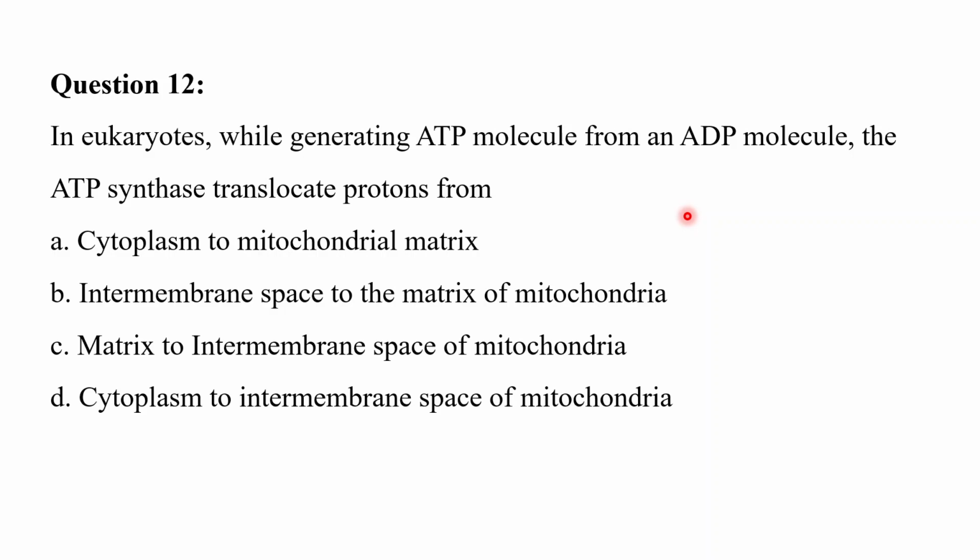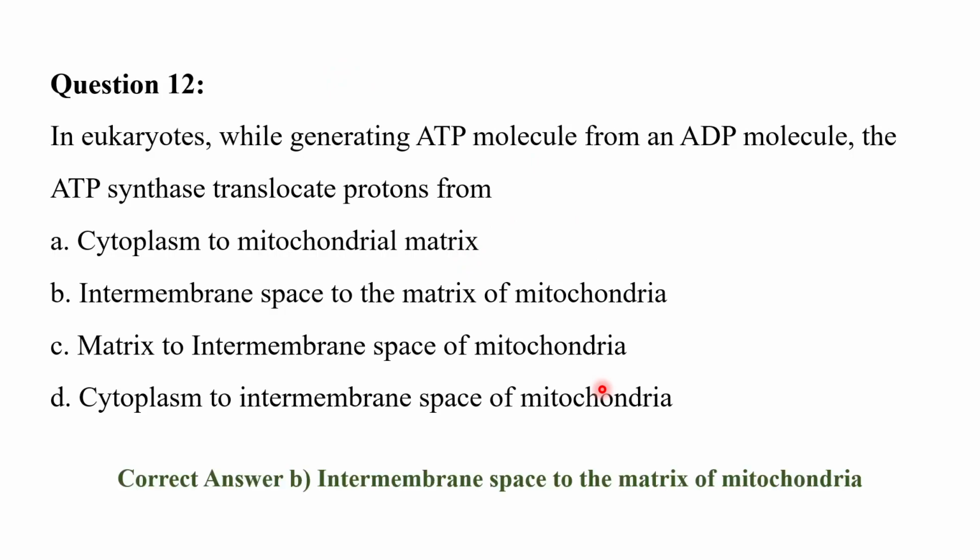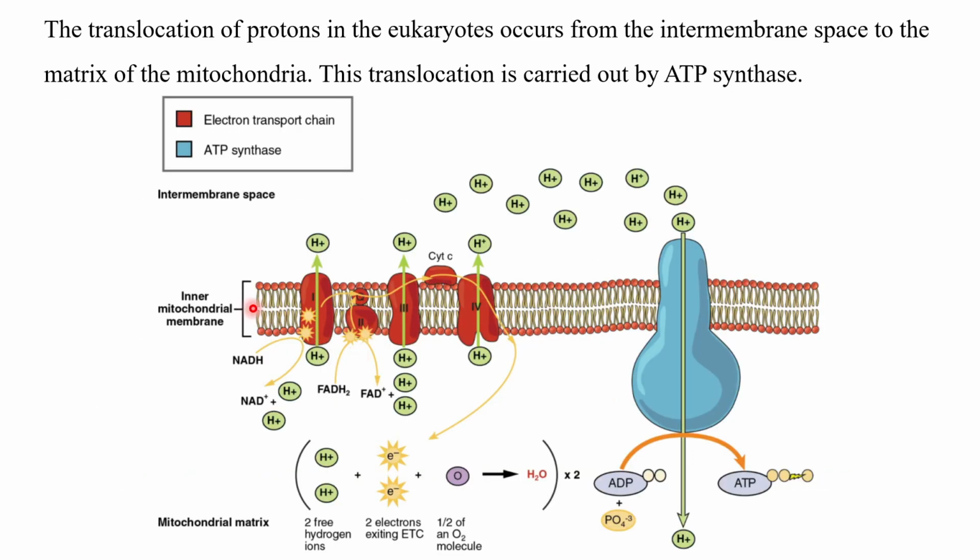So I have shown you the ATP synthase enzyme, right? The blue enzyme in that figure. They are asking from what point to what point the protons are translocated. If you remember in the figure, this is the mitochondrial matrix, the mitochondrial membrane.